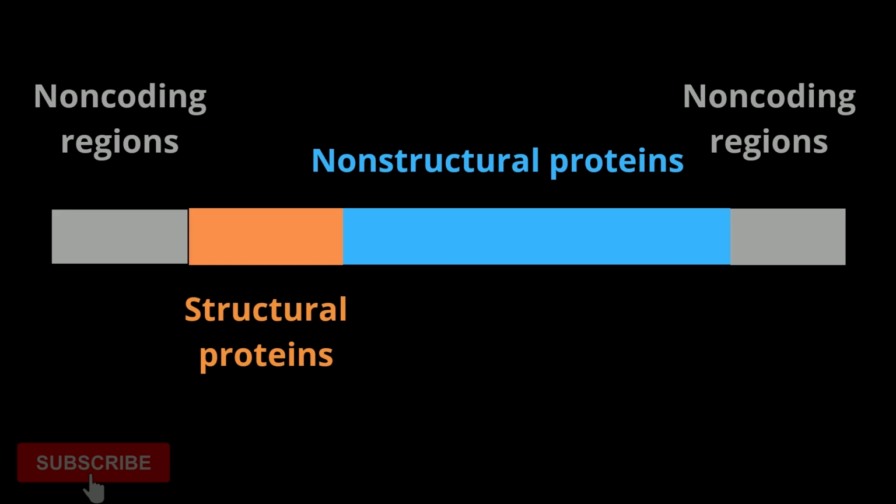The first region codes for structural proteins, which make up part of the viral particle, and the second part of the genome codes for non-structural proteins, which are not part of the viral particle itself, but are involved in translation, replication, and eventual assembly and export of the viral particle outside the hepatocyte.